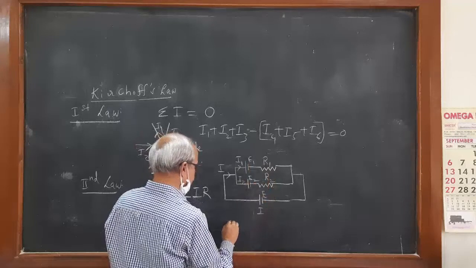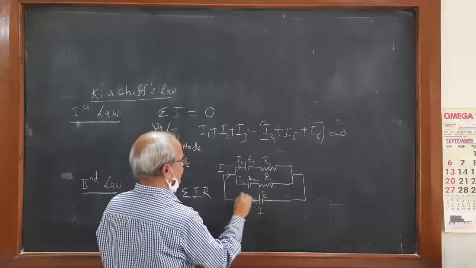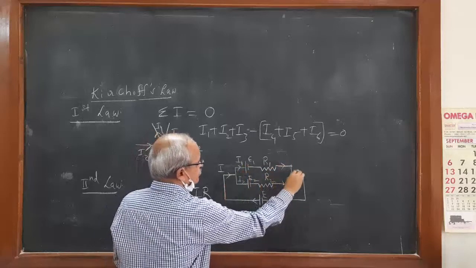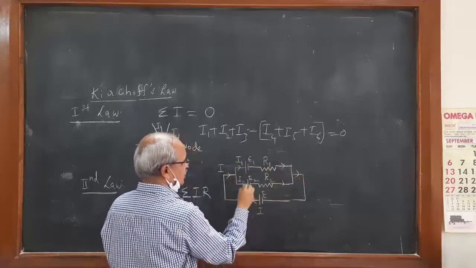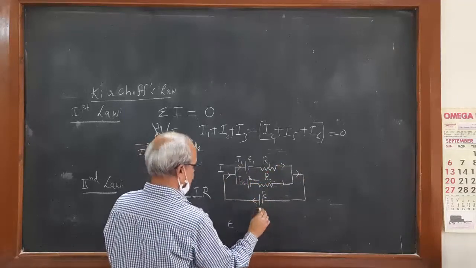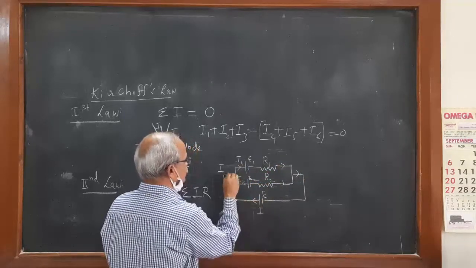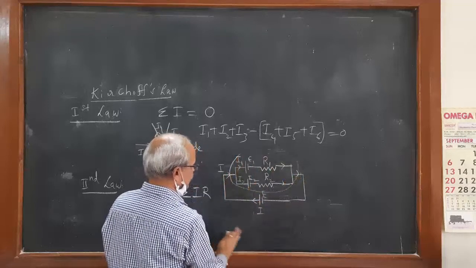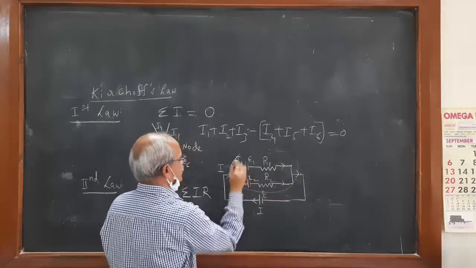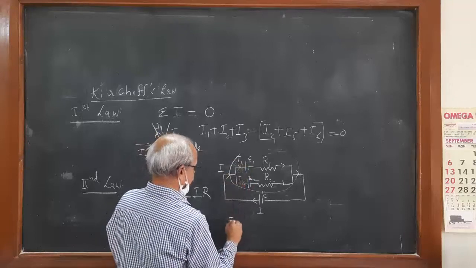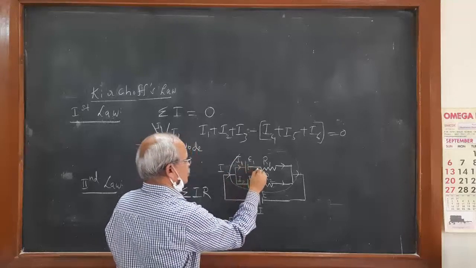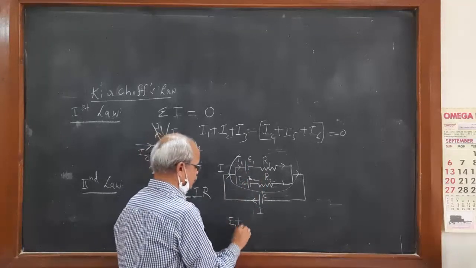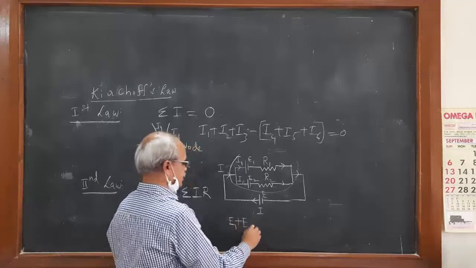The current direction is shown from the positive terminal to the negative terminal of the cell. Suppose I take only this one branch, not the other. Then E1, because it goes from positive terminal to negative terminal, is taken as a positive sign, and E2 also positive sign.